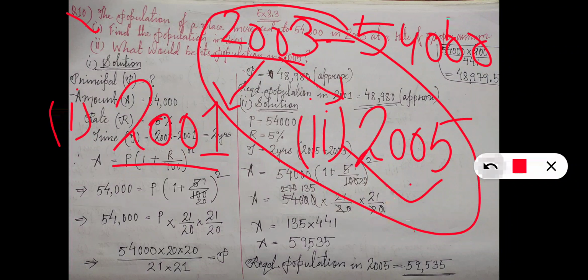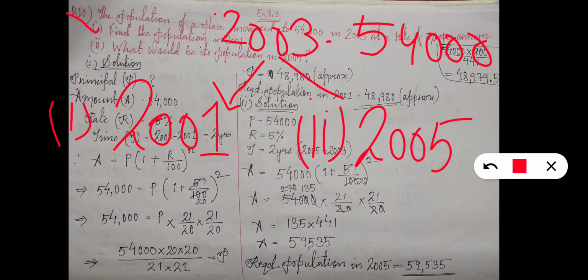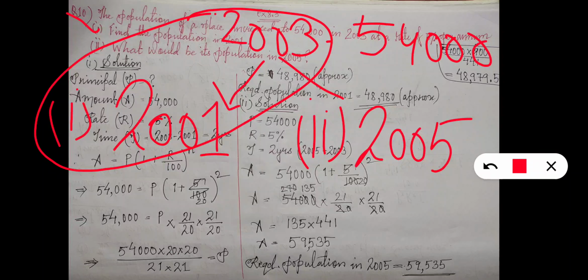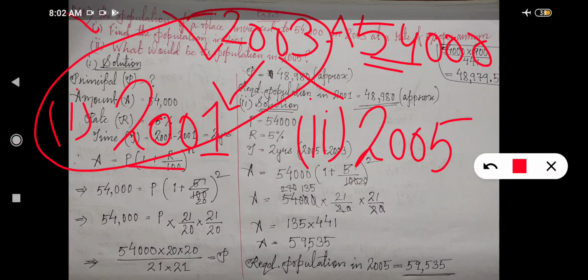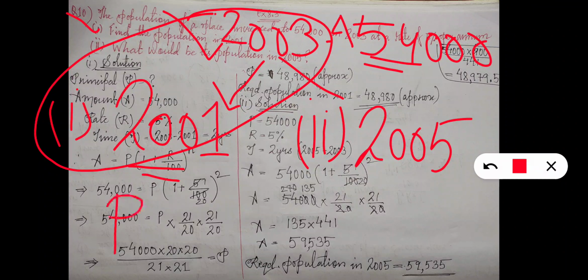I'm again repeating, please look at your screen carefully. If you see Roman number 1, which one is greater? 2003 is greater. So the greater year will give you the amount. So this is the amount, and for 2001 you have to find the principal, because this is the smaller year than 2003.